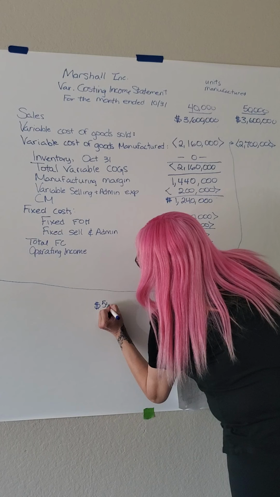It's still 40,000 units. For our variable cost of goods manufactured, we actually calculated that over with this problem, and we've got it right here. So we already calculated it out. It's $2,700,000.